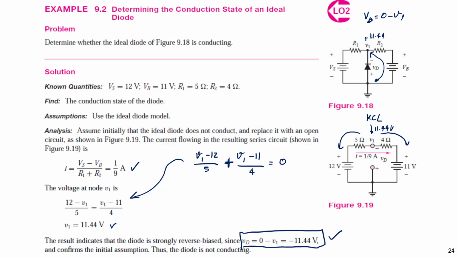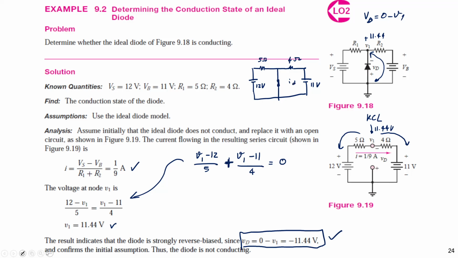So if we replace the diode by short circuit, what happens? If we assume the diode is in conducting mode, and we replace the diode by short circuit here, what happens? This is 5 ohm, this is 4 ohm, this is 12 volt, and this is 11 volt. What do we get as the solution?